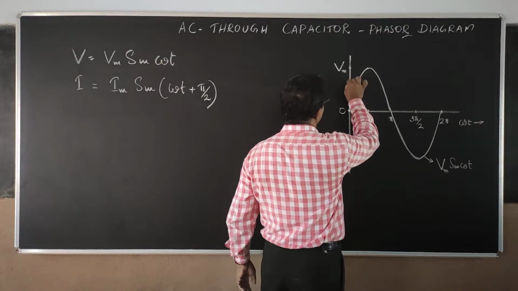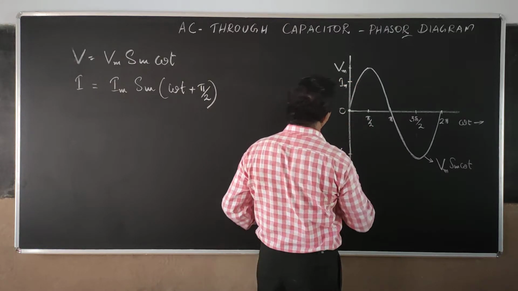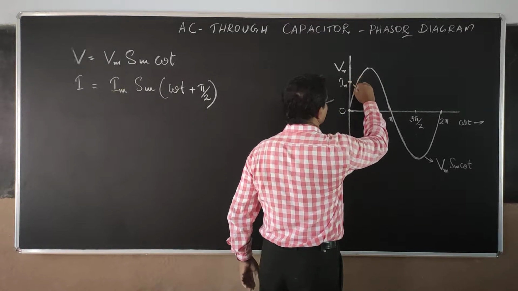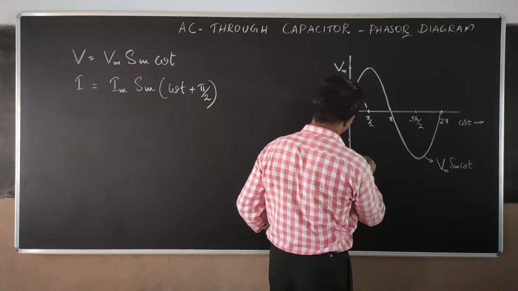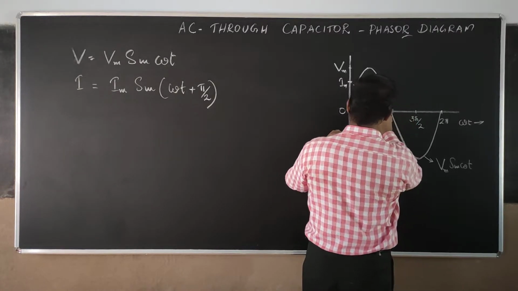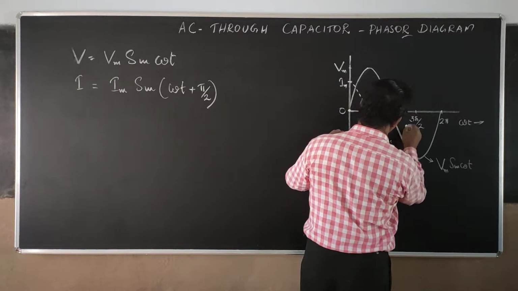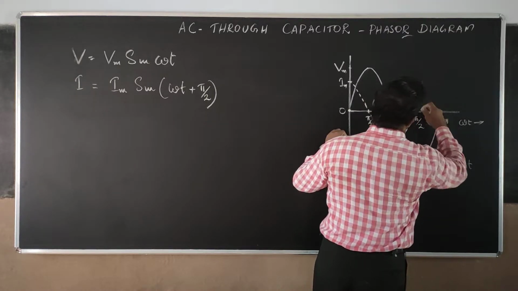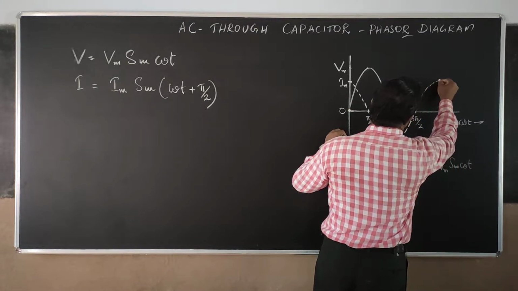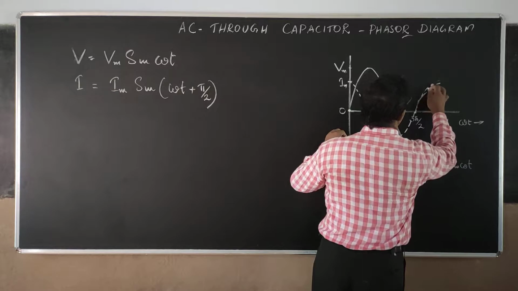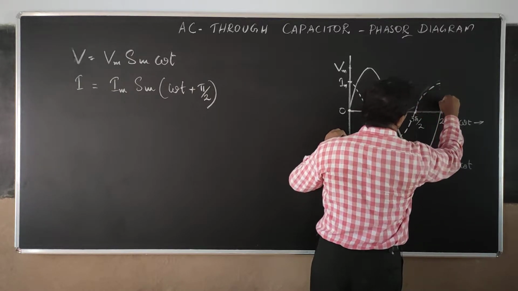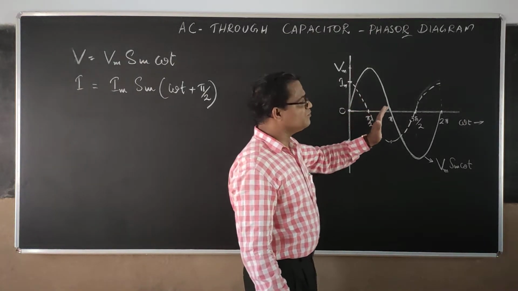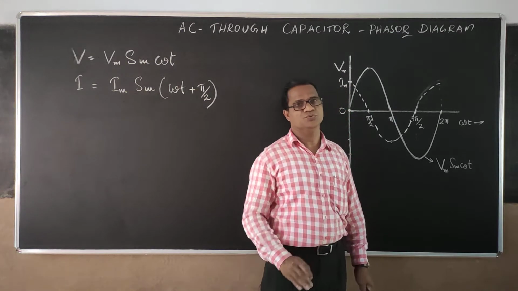So if I take this as Im, this much is Im, then the current starts from here and follows this path, and it goes like this. This is how the current is going. So the current is leading the voltage by a phase angle pi by 2.